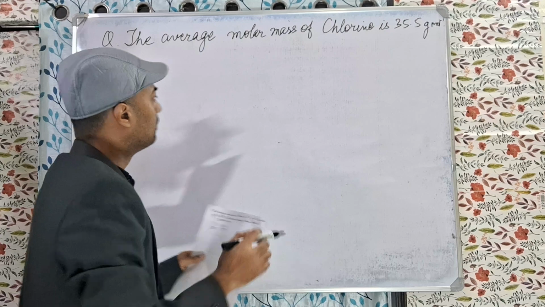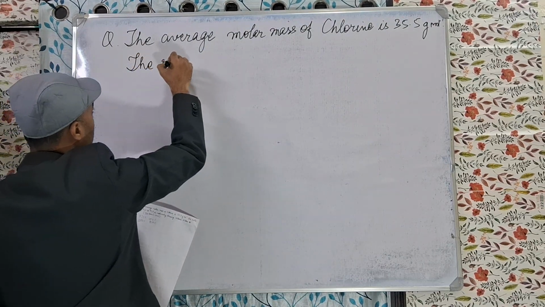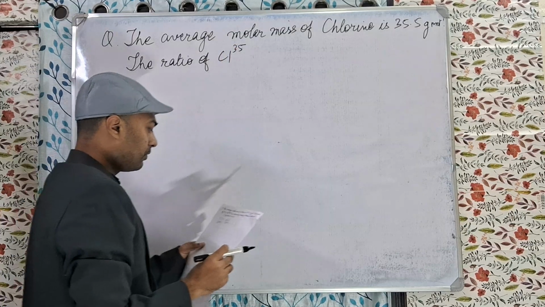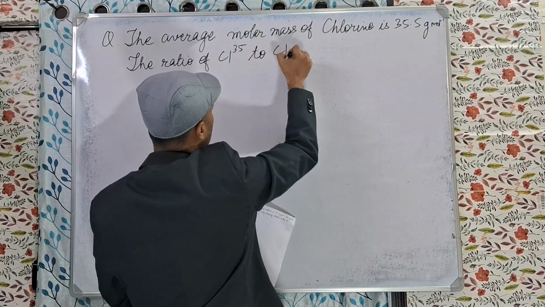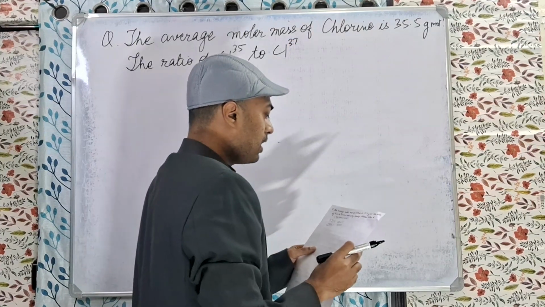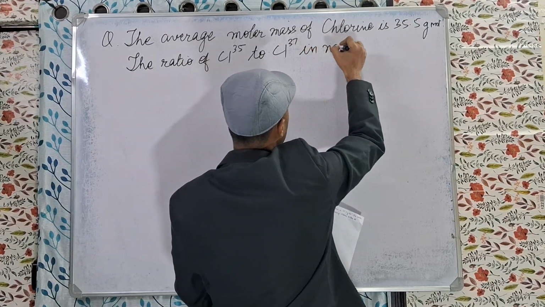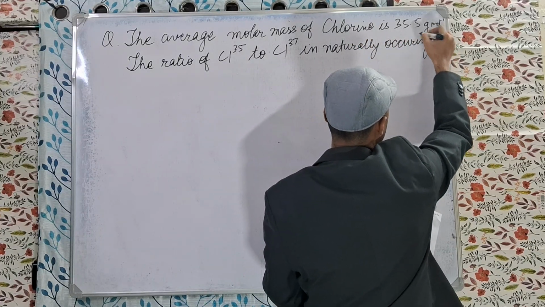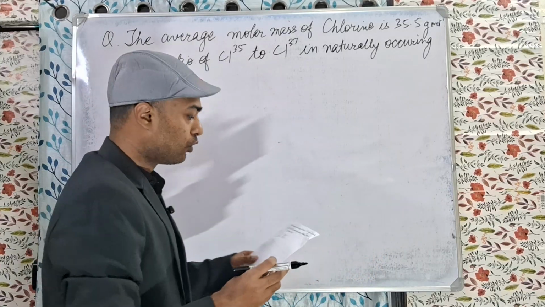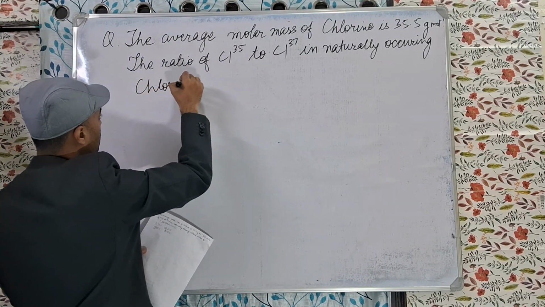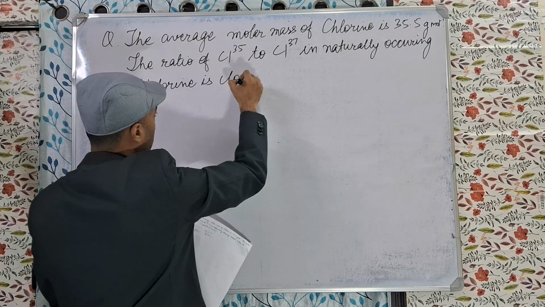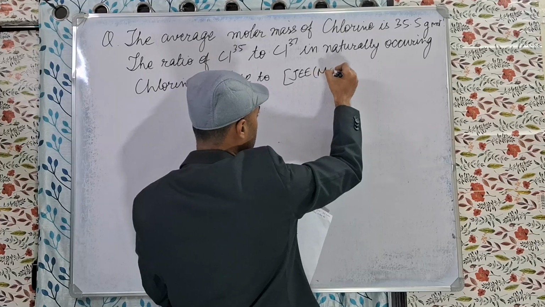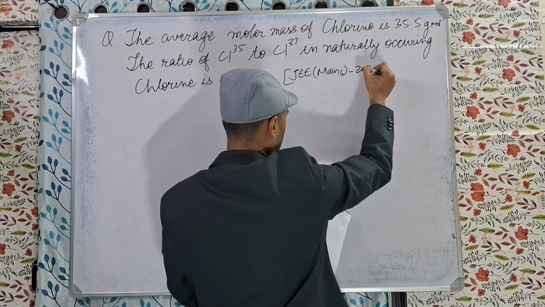The ratio of chlorine 35 to chlorine 37 in naturally occurring chlorine is close to, this was asked in JEE Mains 2020.